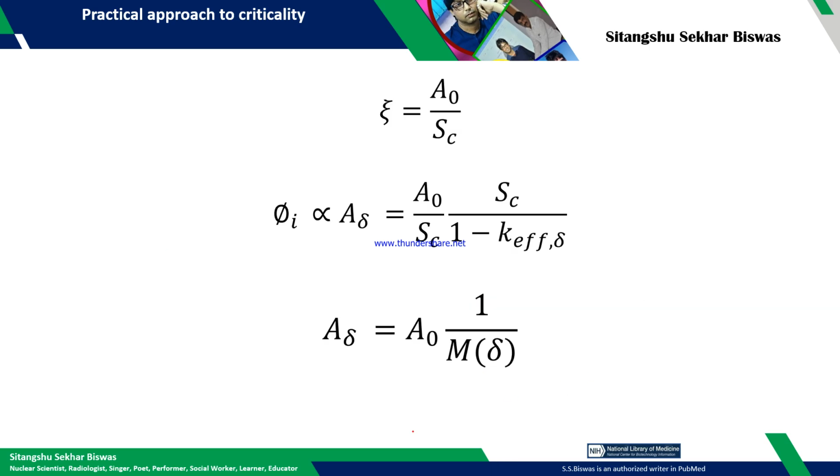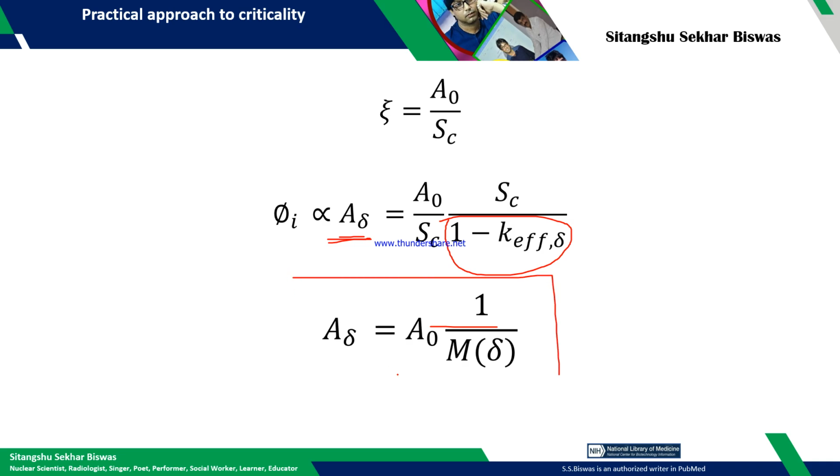Now if I substitute, then my A delta, that is the neutron count for a particular absorber rod position, is this into this, and I can again write these things as m delta.